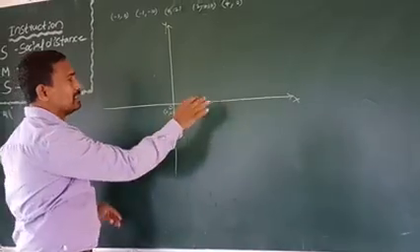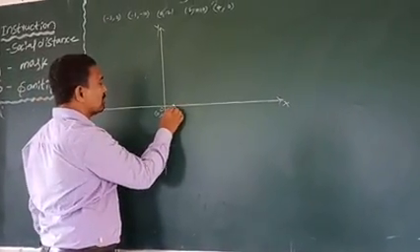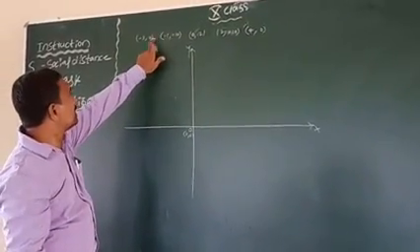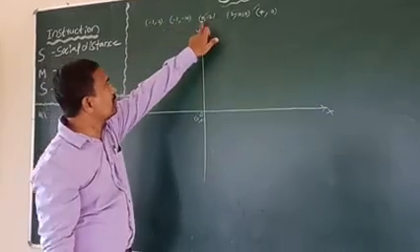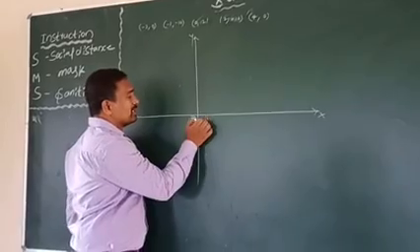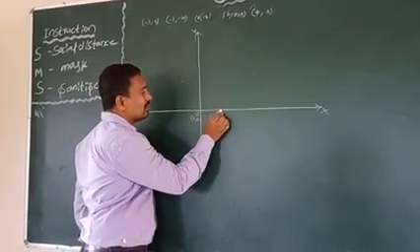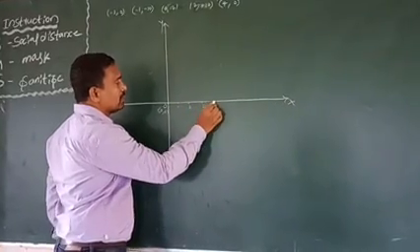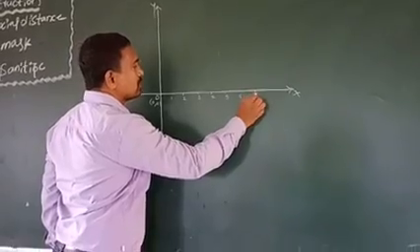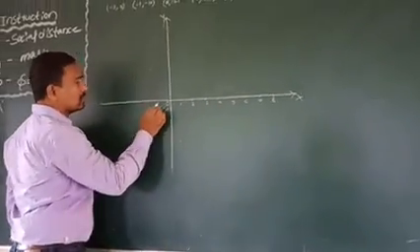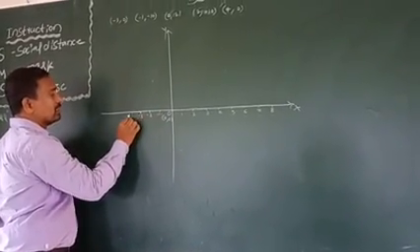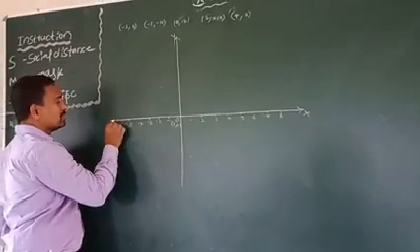The right side has positive numbers, the left side negative. Take the same distance: 1, 2, 3, 4, 5, 6, 7, 8, and minus 1, minus 2, minus 3, minus 4, minus 5, minus 6.